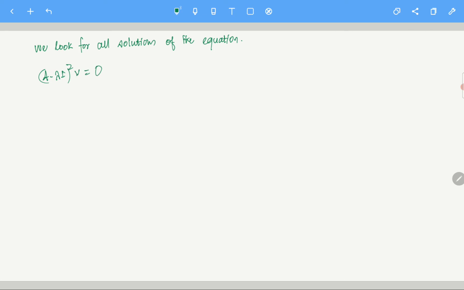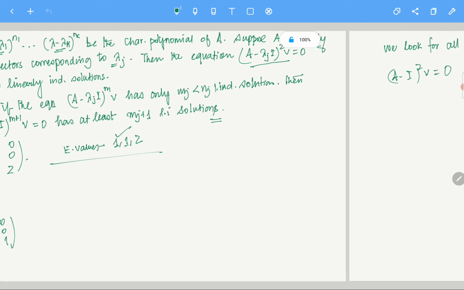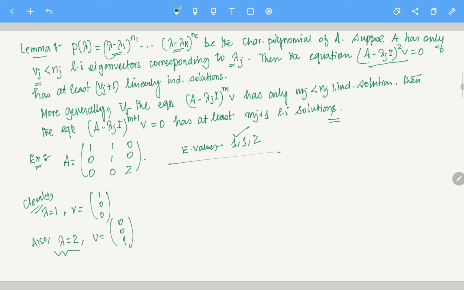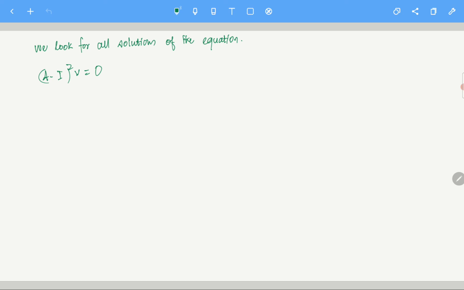Why am I choosing lambda equals 1 here? Lambda equals 2 has multiplicity 1, and I got one eigenvector out of it. I do not have any other option of getting other eigenvectors from it. That's done. My only other way, because lambda equals 1 is a double root, a repeated root, is that lambda equals 1 is a natural choice for us. So (A minus lambda I) squared v equals 0.